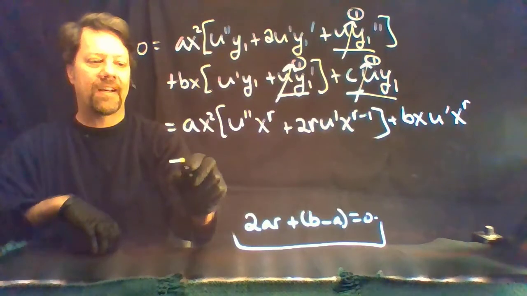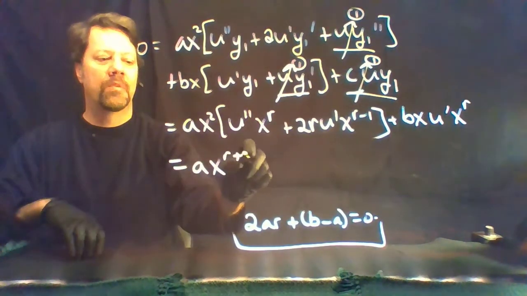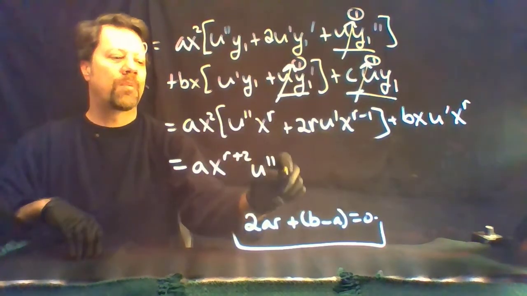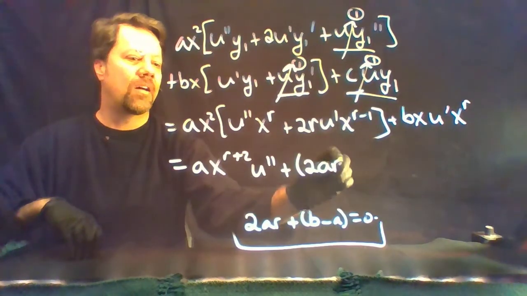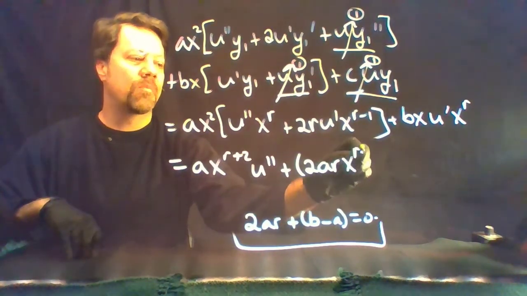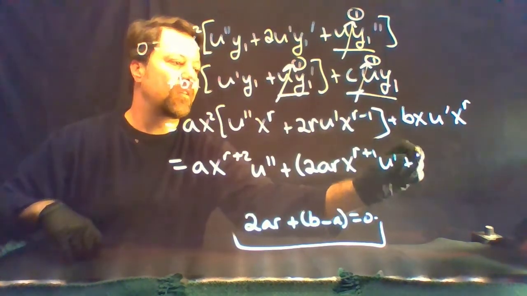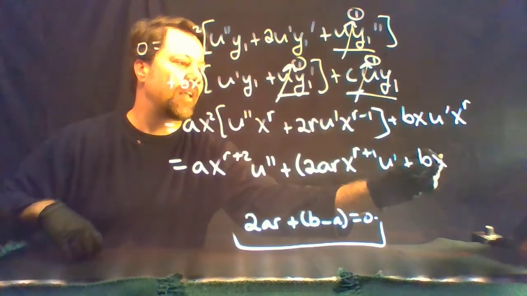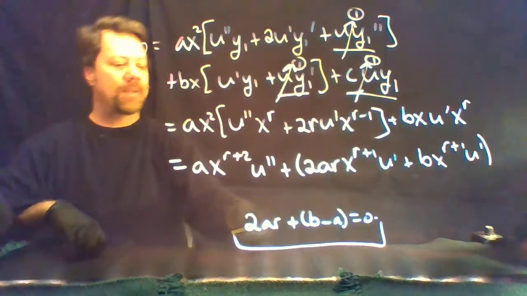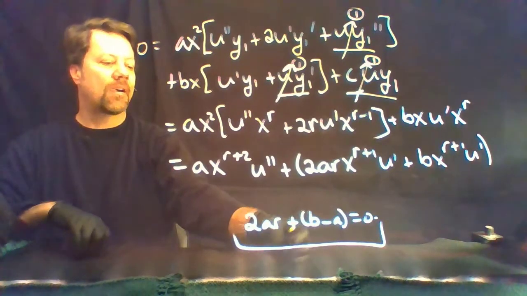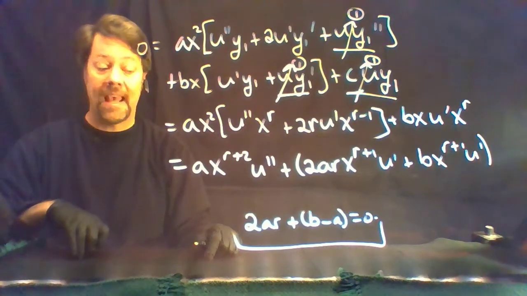This whole thing simplifies as a x to the r plus 2 u double prime plus 2ar x to the r plus 1 u prime, and then plus b x to the r plus 1 u prime, keeping in mind that 2ar plus b must in fact equal a.